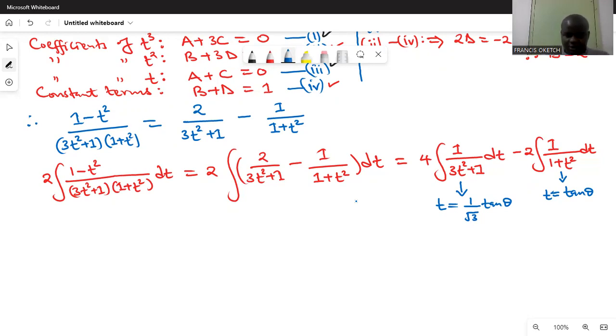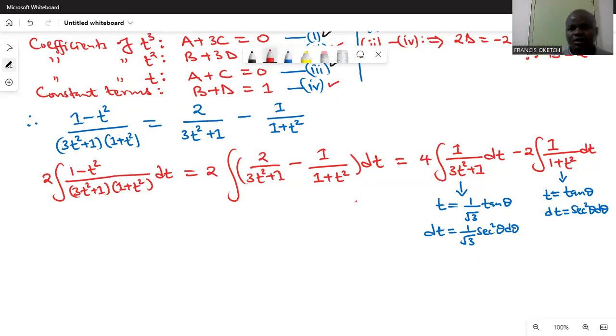When t is equal to 1 over root 3 tan theta, what do you think is dt? dt will be equal to 1 over root 3 sec squared theta d theta for the first integral, and for this other one dt will be sec squared theta d theta.